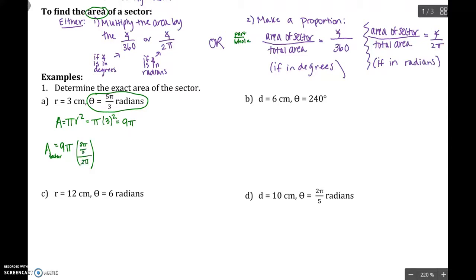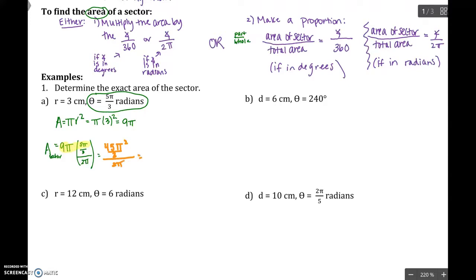Now a fraction in a fraction is when things start to get tricky, so we do want to be a little bit more careful on that. What we have to do here is multiply across. We multiply this by the top of the top, and we get 45 pi times pi, or 45 pi squared, over 3, just for the top, and it's still all over 2 pi.